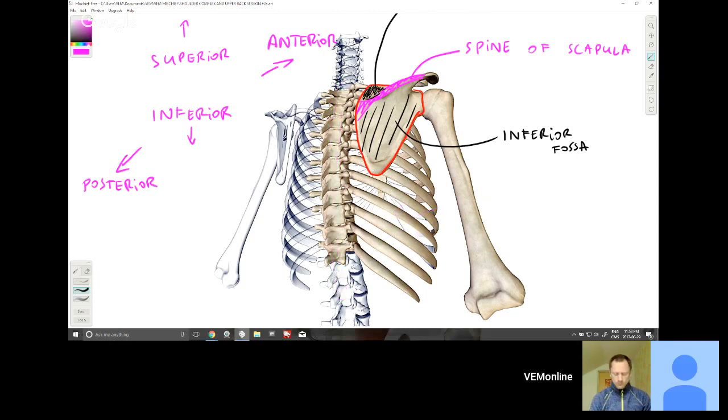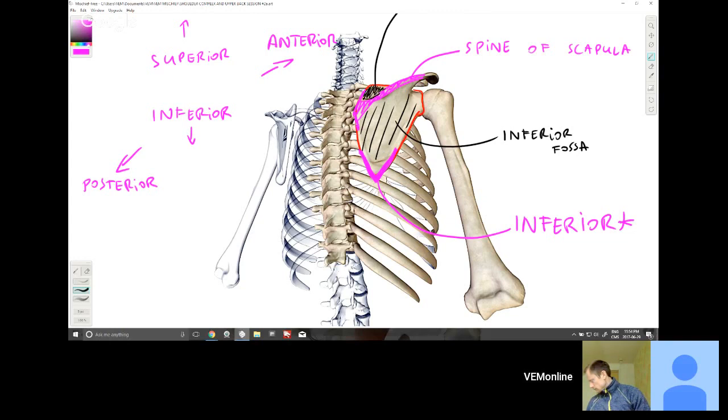What angle is this right there? That's inferior angle, obviously, because it is pointing downwards. It is pointing towards the floor. So this angle is going to be named inferior angle. Inferior angle of the scapula.